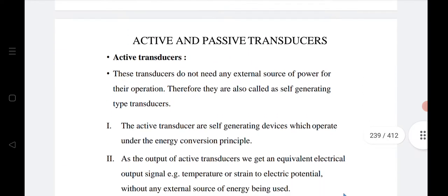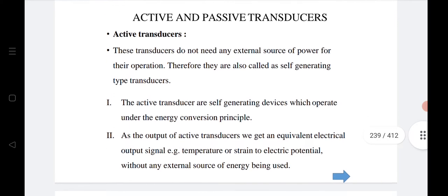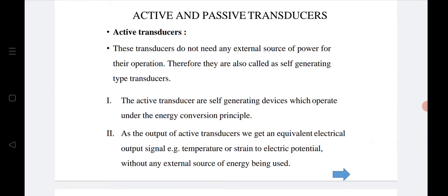Coming to the first classification, that is active and passive transducers. An active transducer is one in which we do not need any external source of power for its operation. Therefore, it is also called a self-generating type of transducer. We don't require any external source of power.